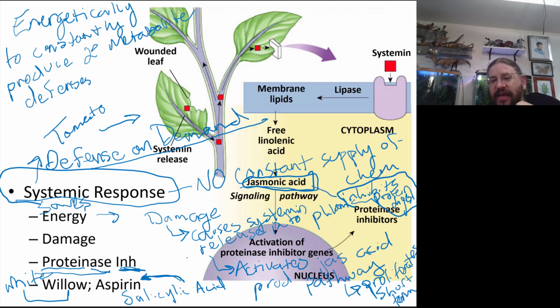So it signals proteinase inhibitors. So basically, jasmonic acid in tomatoes, salicylic acid in white willows. So it's part of a systemic response.